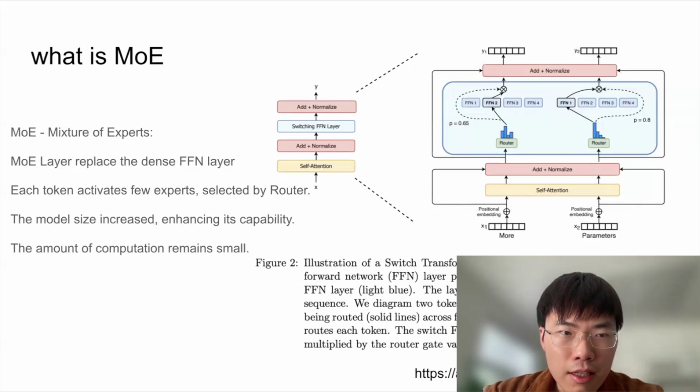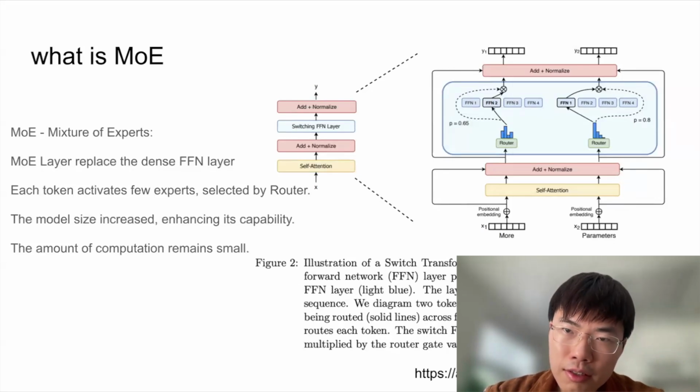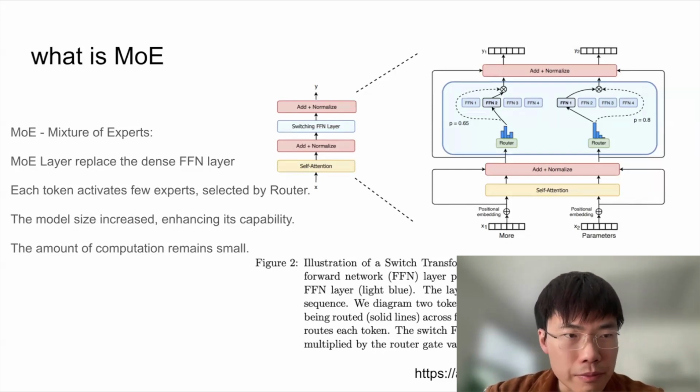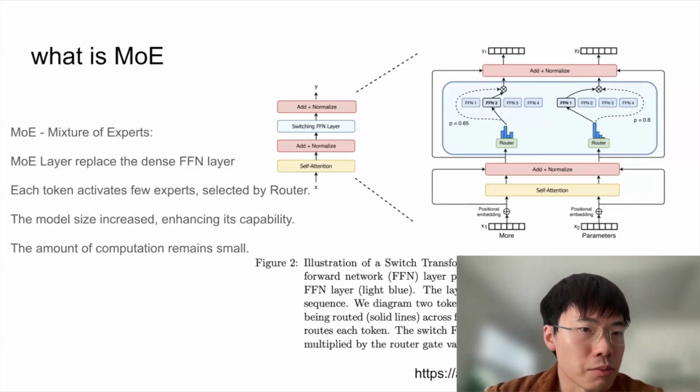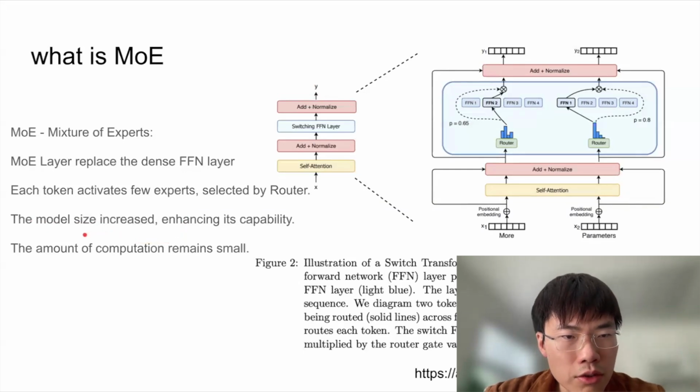That's why it has higher capacity without changing the model compute. The compute stays the same since you only activate one of the experts at a time, but you have more parameters, which is usually recognized as more knowledge and more capacity. Each token activates a few experts, either one or two, which is commonly used. More recently, there are also more experts, like 8 experts. The model size increases, but the model compute stays relatively small.